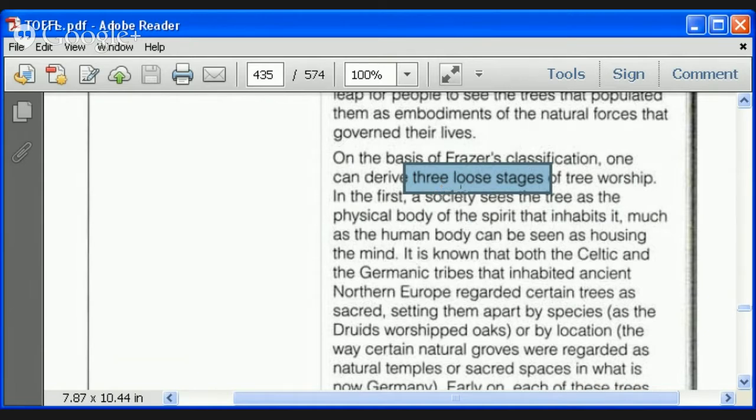There are three stages of tree worship. In the first, now he's going to present the first, because I know this is a key point. Before I read any more, I know what's coming. I'm going to get the first, the second, and the third stages. I need to know what they are. Because I know there are going to be questions related to this.